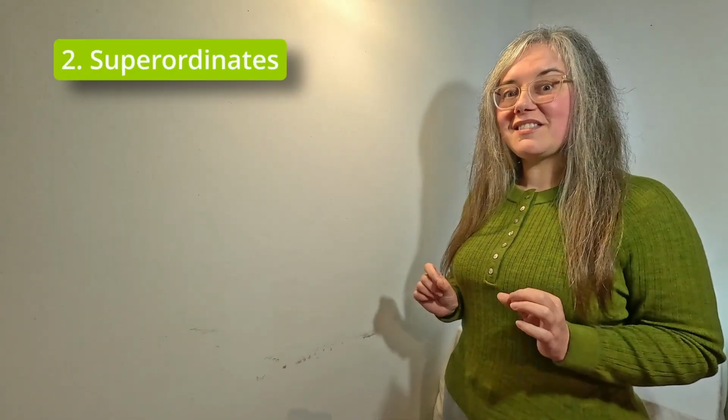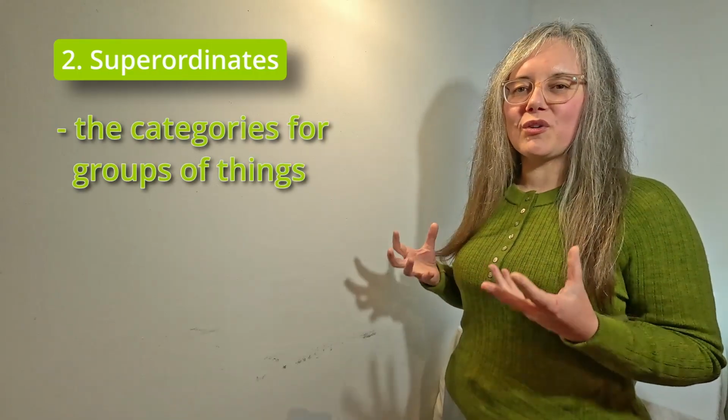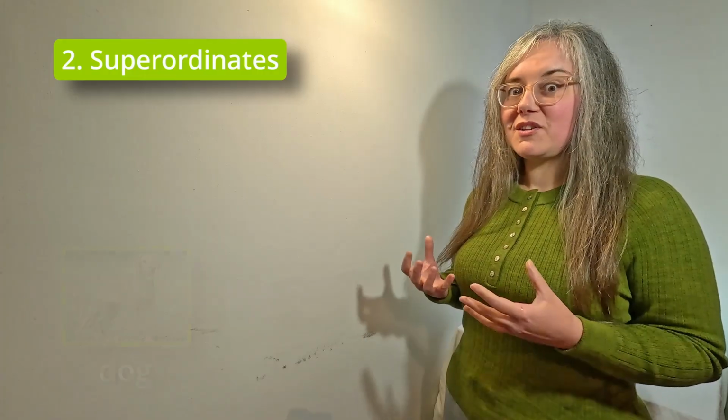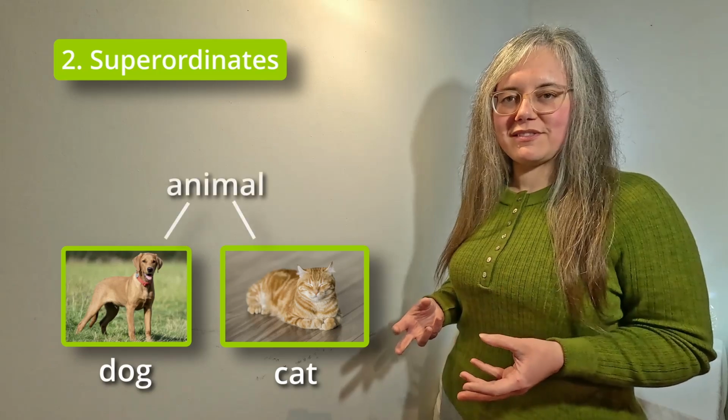Another thing you can do when you don't know a word is use superordinates. Superordinates are the categories for groups of things. For example, dog and cat are types of animals.